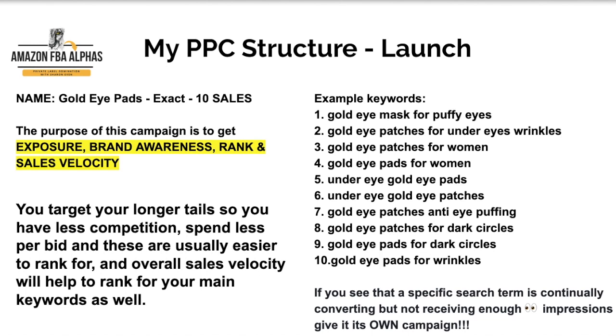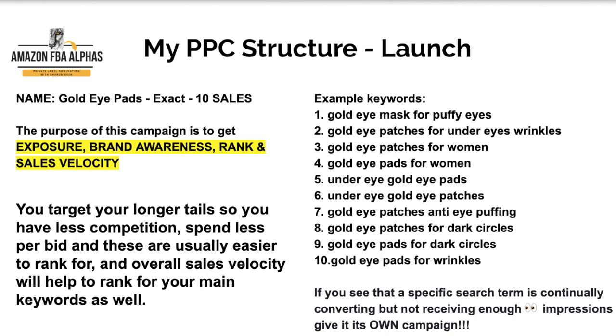You target your longer tails so that you have less competition, you spend less per bid, and these are usually the easier keywords to rank for, and overall sales velocity will help you to rank for your main keywords as well. So here's an example: gold eye mask for puffy eyes, gold eye patches for under eye wrinkles, gold eye patches for women, etc. Notice that gold eye pads, gold eye mask, gold eye patches are almost in every single keyword.